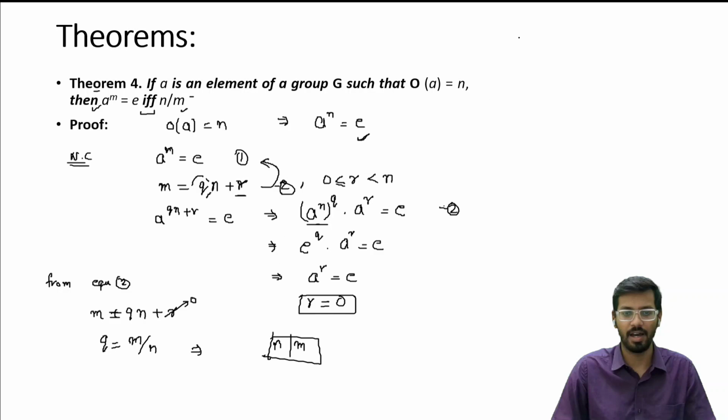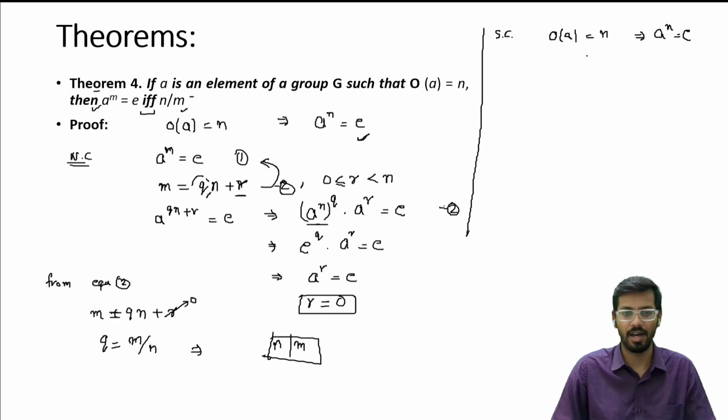Now we will take the sufficient condition. So from here, suppose given that order of A is n, then A raised to power n is identity element.